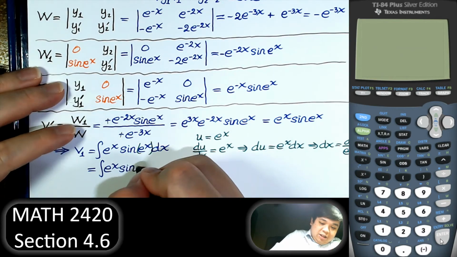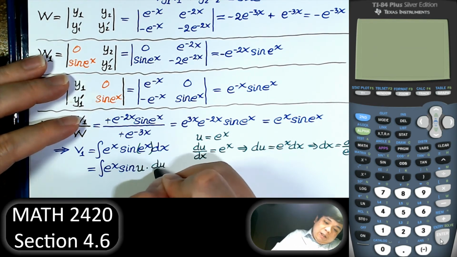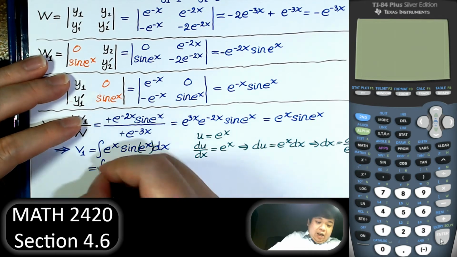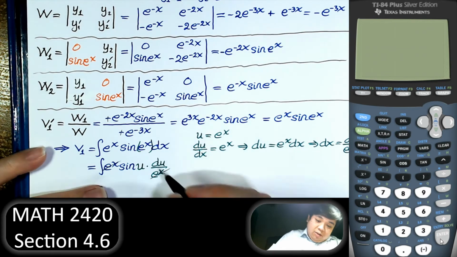Sine of e to the x here is sine u. dx is du over e to the x. If substitution works perfectly, we should not have any more x, and we do not.